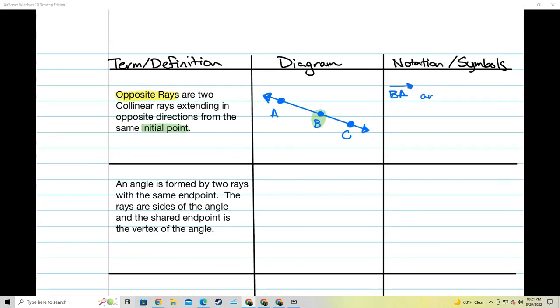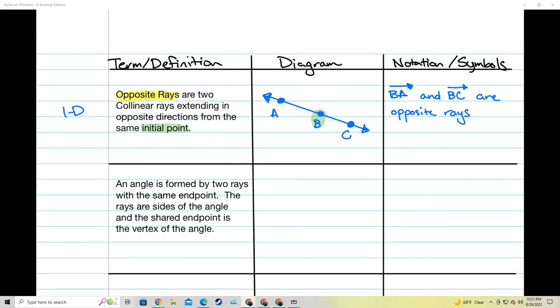And the second ray started at B and it went in the direction of C. So I'm going to call it ray BC. So ray BA and ray BC are in fact opposite rays. Opposite rays, we say, are also one-dimensional because, again, they're only going on that one line. They're not going anywhere else, okay?